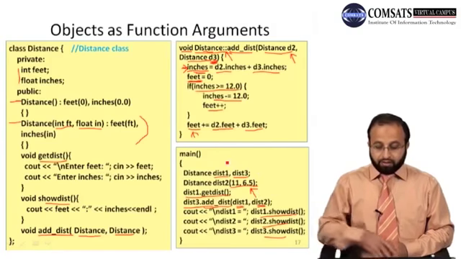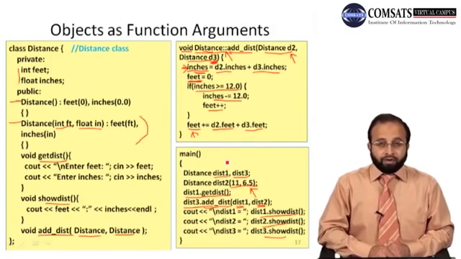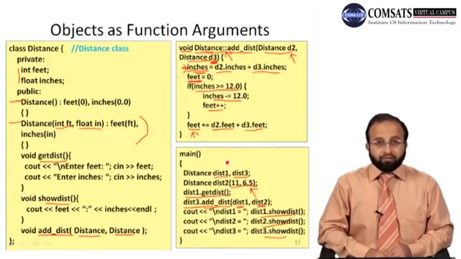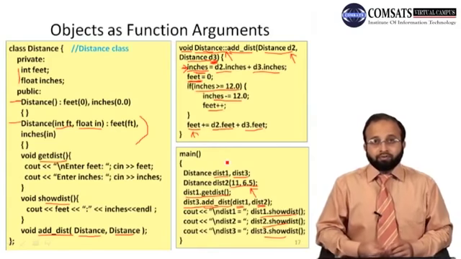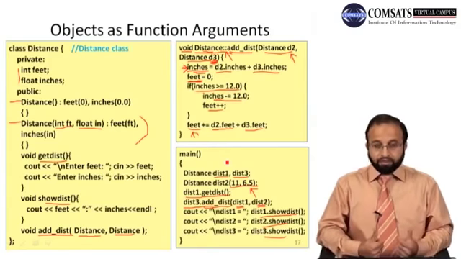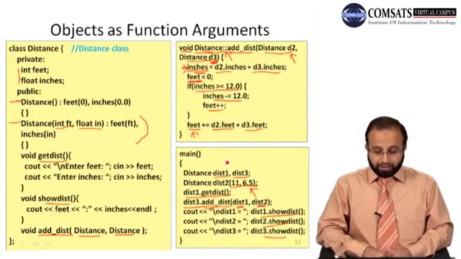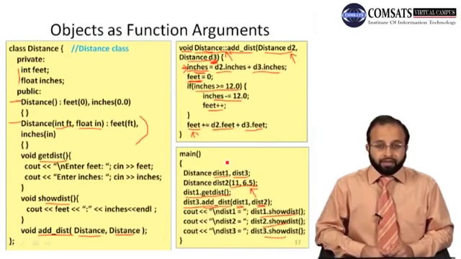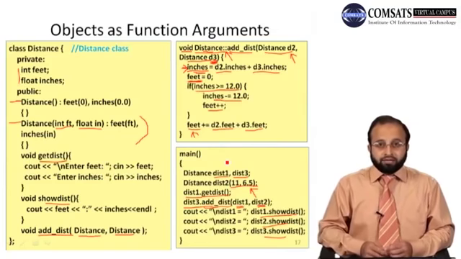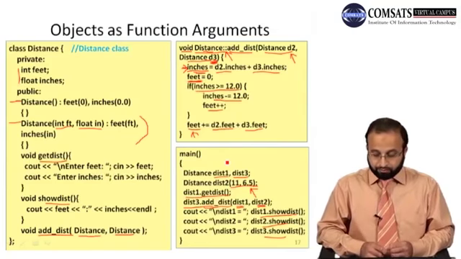And we initialize the value of one of the objects, that is dest1, by taking the input from the user, and then we add up these two distances and store the result in dest3, and then we are going to display these three distances.